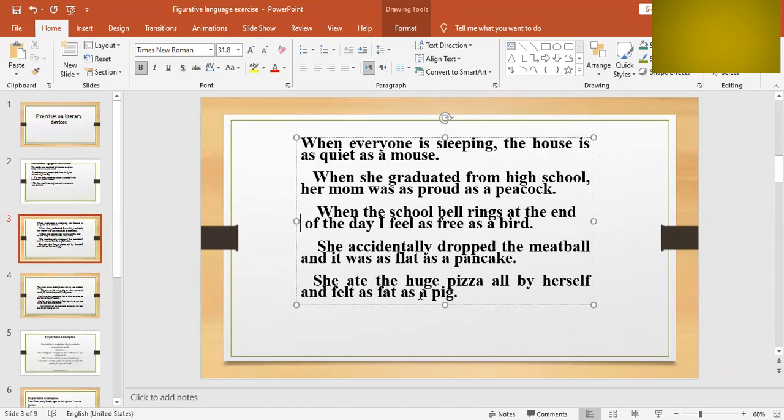Okay, so it is a bad feeling. I can imagine her feeling here. This simile communicates feeling, and it also communicates the image of someone as fat as a pig. She felt as fat as a pig, and also you can imagine that she was very fat.